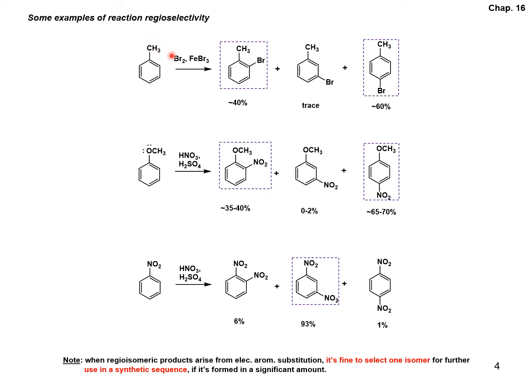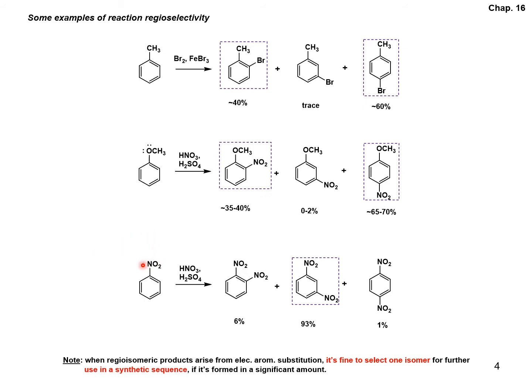The electrophile is having a little bit more trouble approaching the ortho position because of the methyl compared to the para, but you end up primarily with ortho and para. And the same thing for, in this case, electrophilic aromatic nitration on methoxybenzene. We end up with a small amount of the meta nitro product, and we end up with primarily a mixture of ortho and para product.